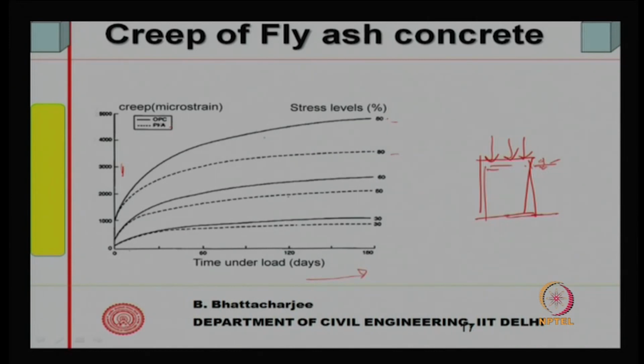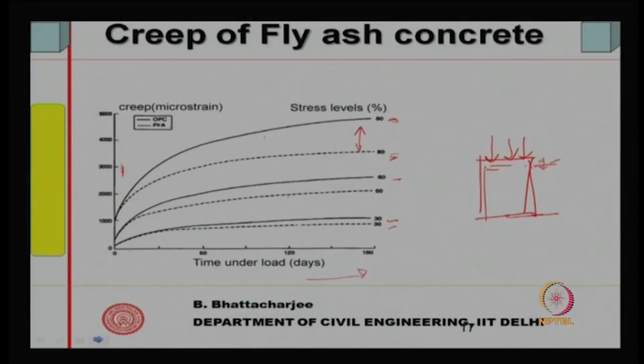So, if you have put the stress level at 80% of the static strength or 90% of the static strength, you see the creep is much less in case of fly ash concrete. If you keep it at 60%, same percentage, you will find that. So, what you generally observe is that PFA concrete has much less creep, because of the change of the microstructure.